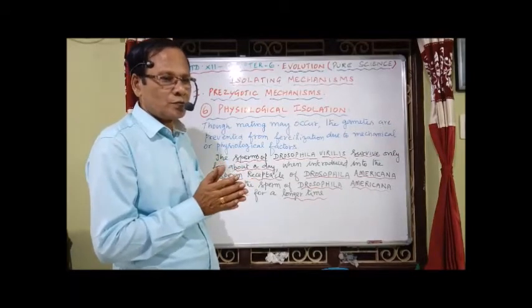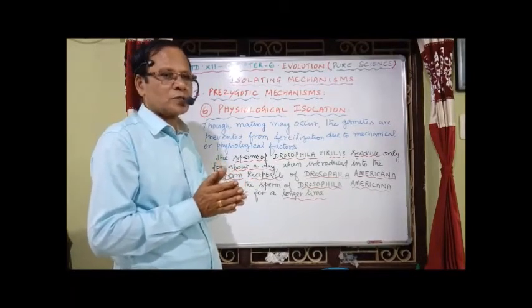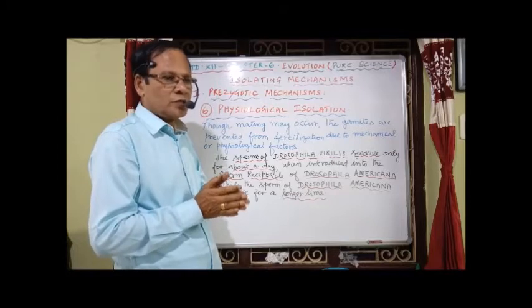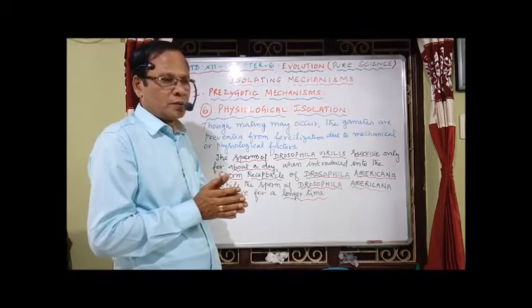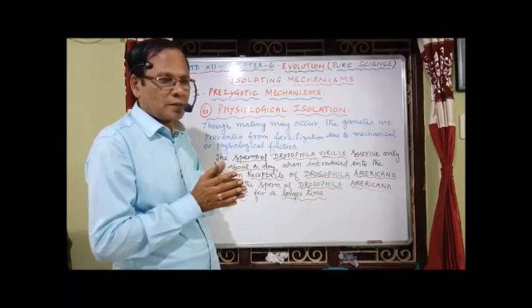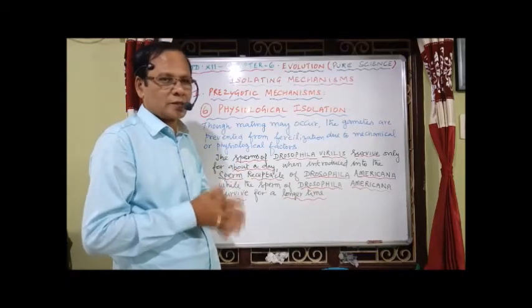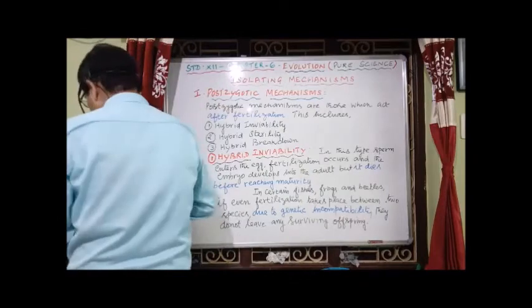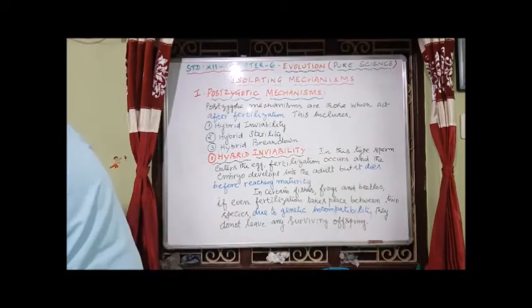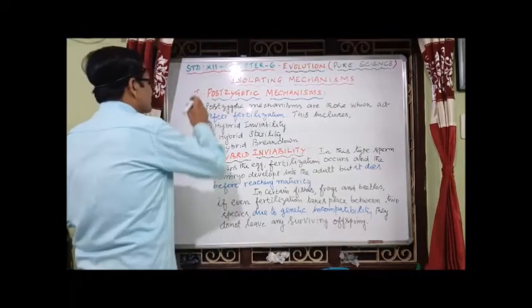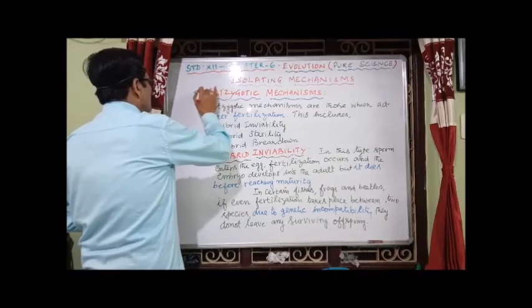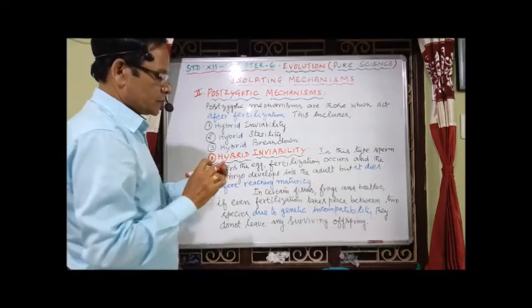Now we go to the next one, postzygotic mechanisms, which include those that normally occur after fertilization. We have three types. Now the second method of isolating mechanism, the postzygotic mechanisms.